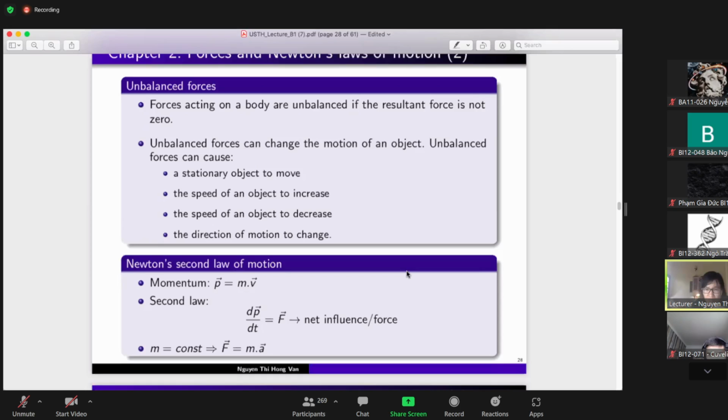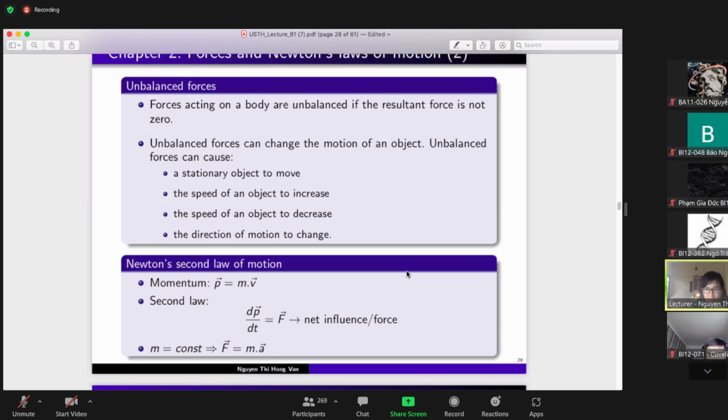And it becomes important because you can imagine that when an object is moving, heavy objects and light objects have different effects.